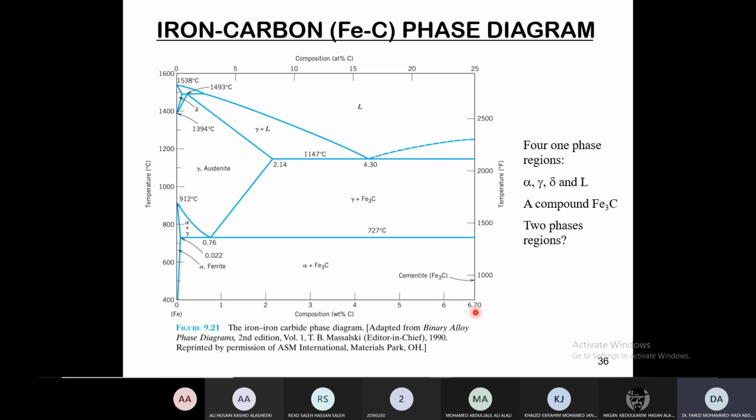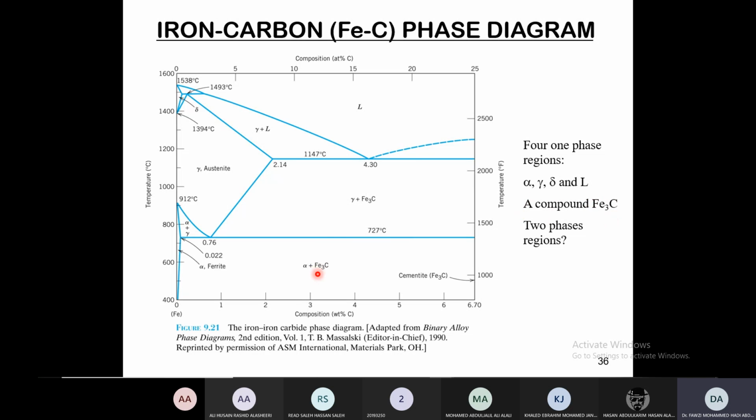Well, we need 6.7 because here we have one of the phases, the iron carbide, Fe3C. This here is not a phase basically. This is a compound.